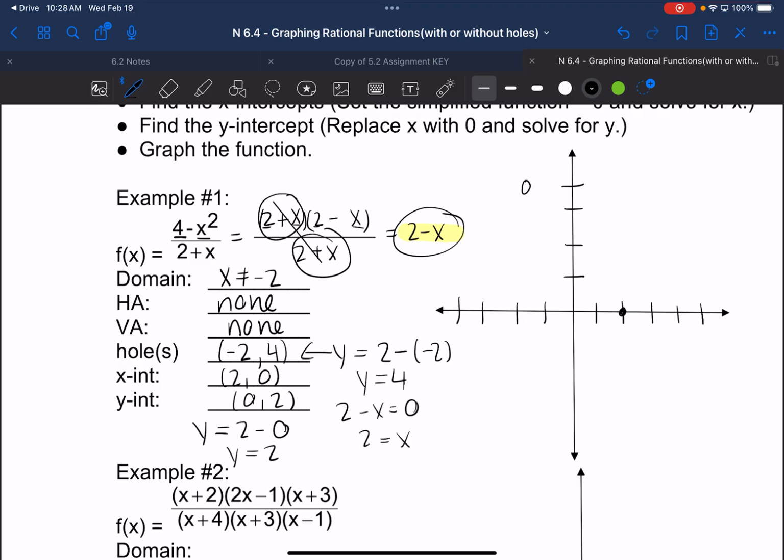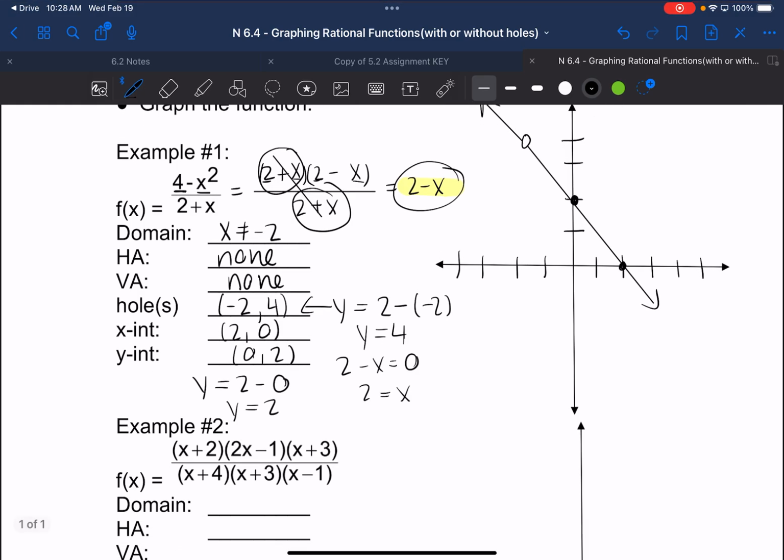And a y-intercept at 2. So if I were to go and connect all of these, looks something like this, right? And there's no asymptote, so we don't have to worry about if there's different sections of our graph.